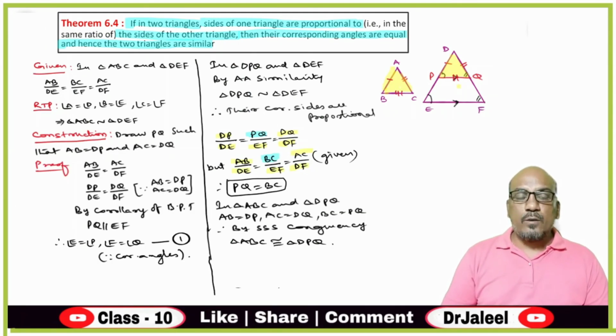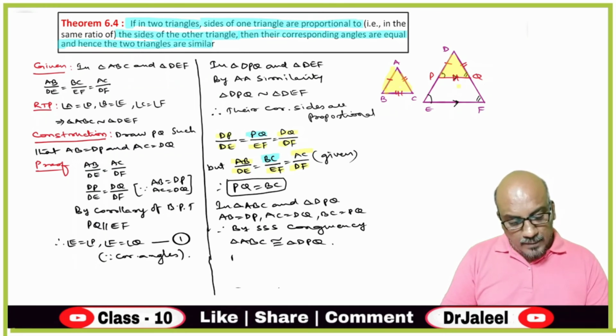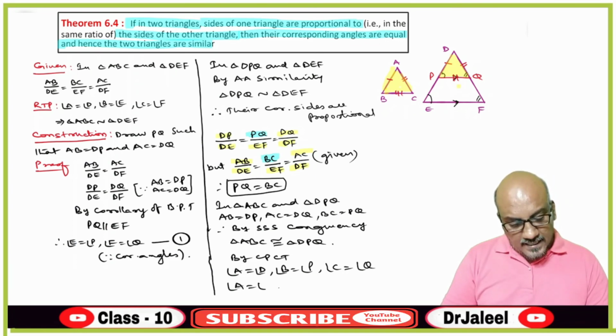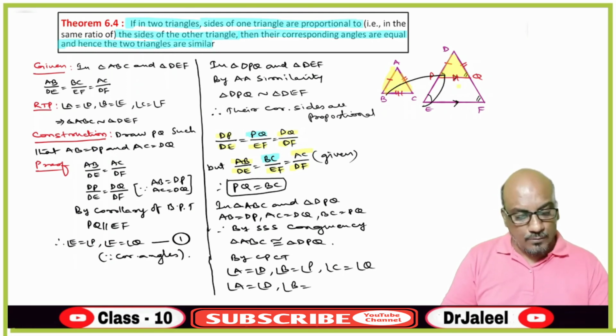So children, when these two are congruent, their corresponding angles must be equal. So by CPCT, what can you write, children? Angle A is equal to angle D, angle B is equal to angle P, and angle C is equal to angle Q. But you can write angle B as equal to P, and P is equal to E, we know.